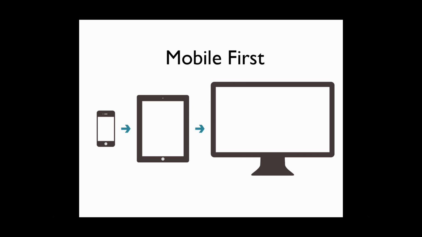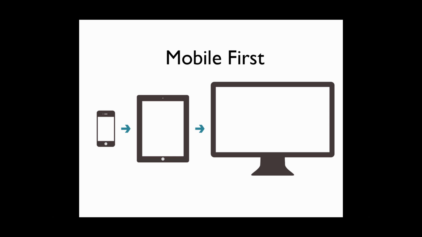Mobile first is a coined phrase that was introduced by Luke Wroblewski, and the principle here is that every time you start a new design, if you're planning on doing responsive web design, you should start with the smallest device first.